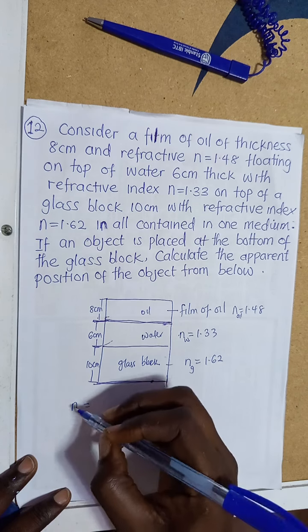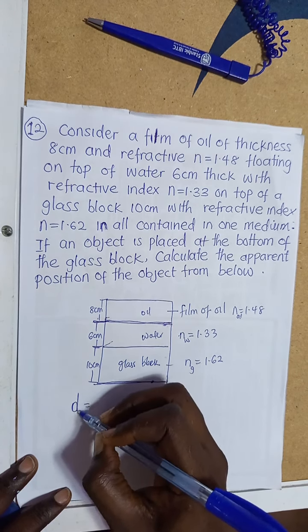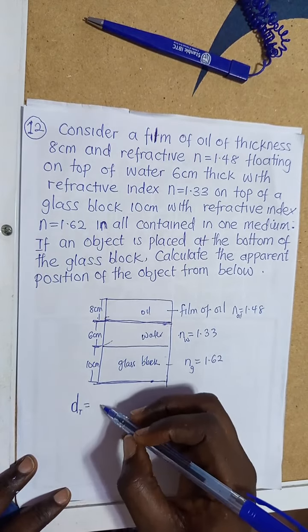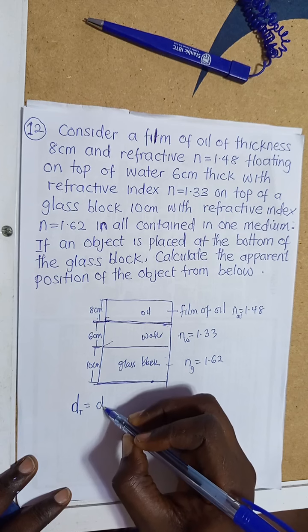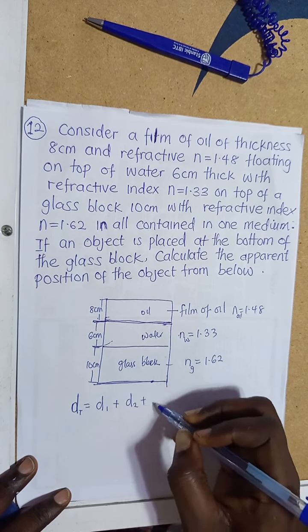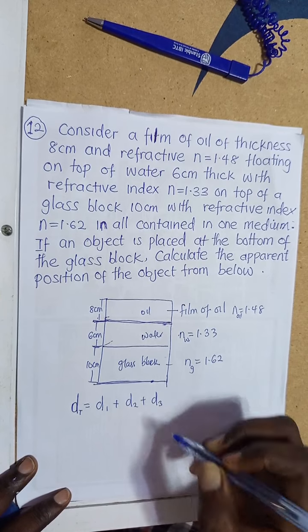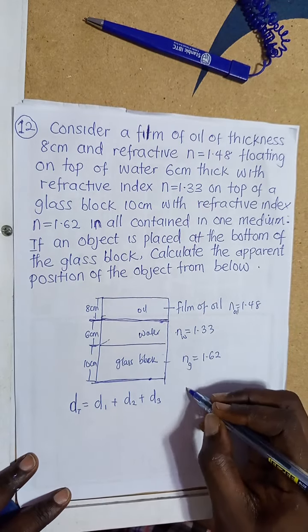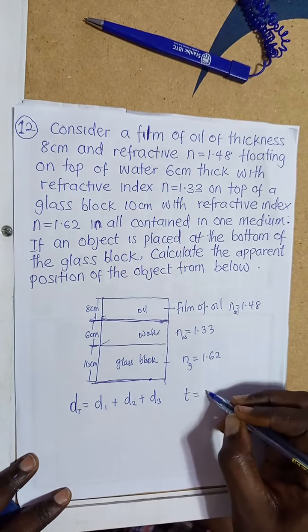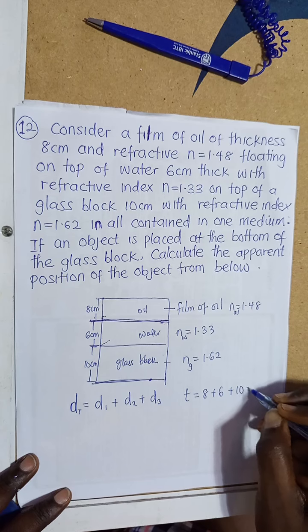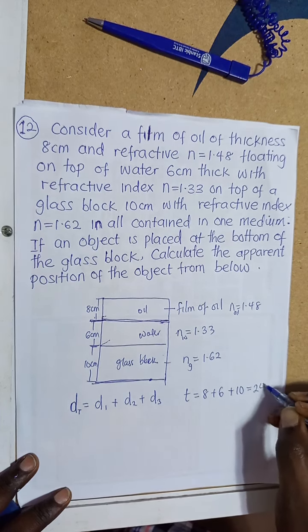Whenever they ask to find displacement from the bottom, it means the total displacement, which is d1 plus d2 plus d3. Or better still, we have our total thickness: 8 plus 6 plus 10, that will give us 24.